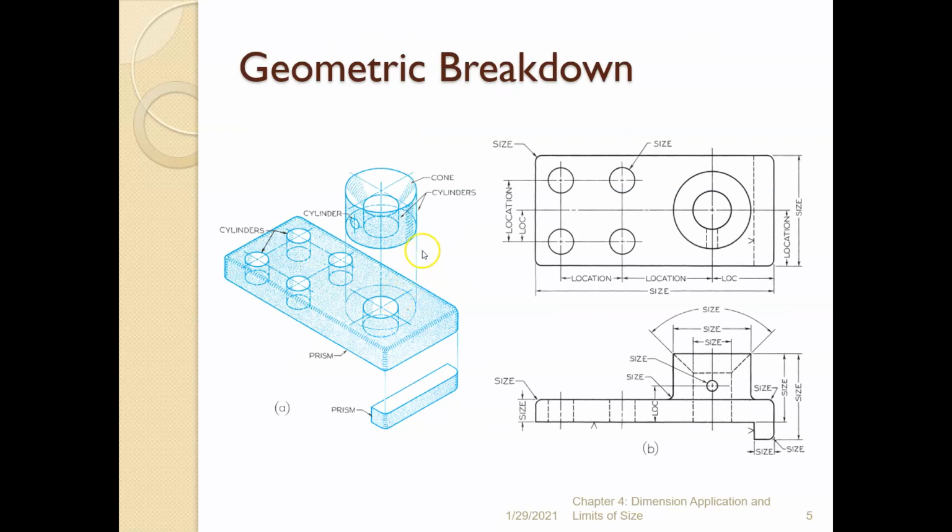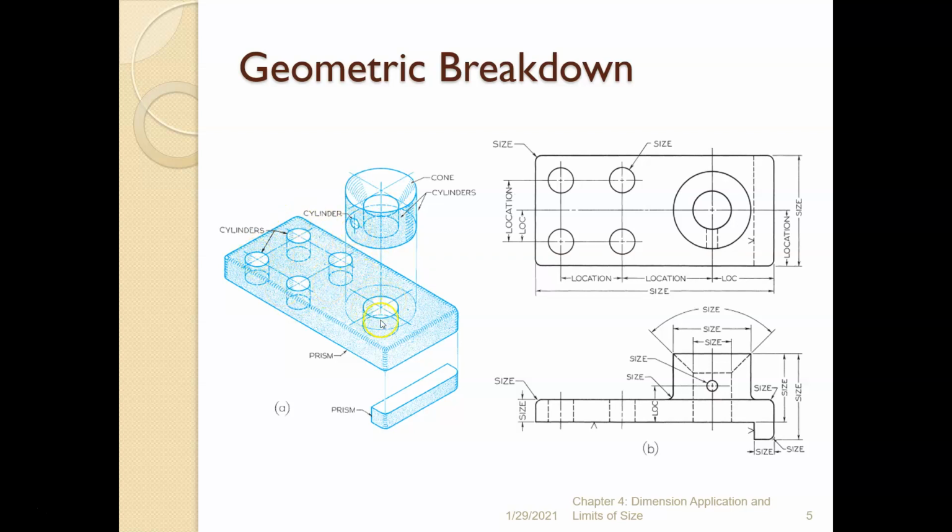So when we look at a part, an imaginary part, and we looked at this part before in the last presentation, we can break it down geometrically. This part here is composed of a rectangular box, a smaller rectangular box, a cylinder, four negative cylinders, right? These four holes are negative cylinders.